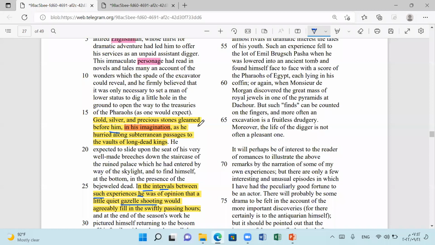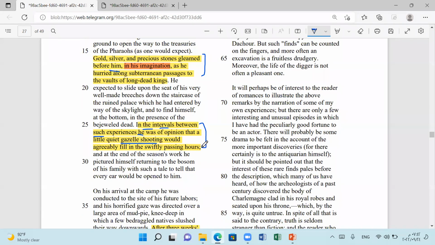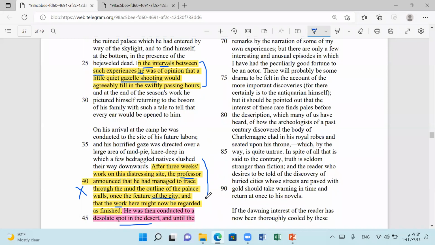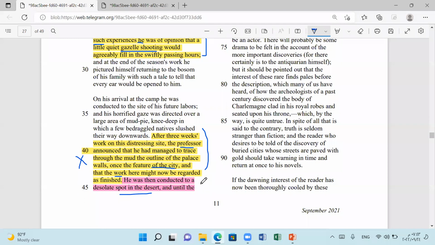That's why he is ignorant of the reality, in citation A, citation B, citation C, and citation D.